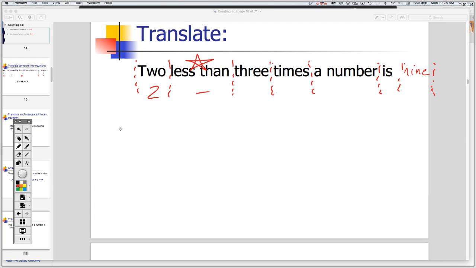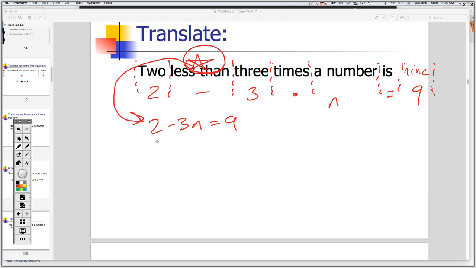Multiplication, a number, and is. I thought that one was going to really trip you up. All right. He's good. So we have 2 minus 3n equals 9, but remember we have this star here, and we said that that means to flip it. So what should I write? Good. All right. Questions?